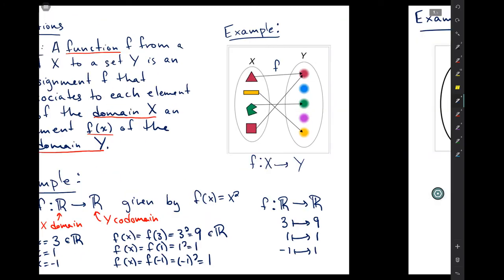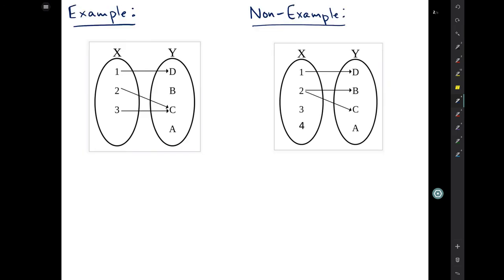Let's look at two more examples. So my first example here on the left, I am going to call my function g. And again, g goes from the domain X, which in this case is the set 1, 2, and 3, to the set Y, which is the set A, B, C, D. So again, here, this X is my domain, and the Y is the codomain.